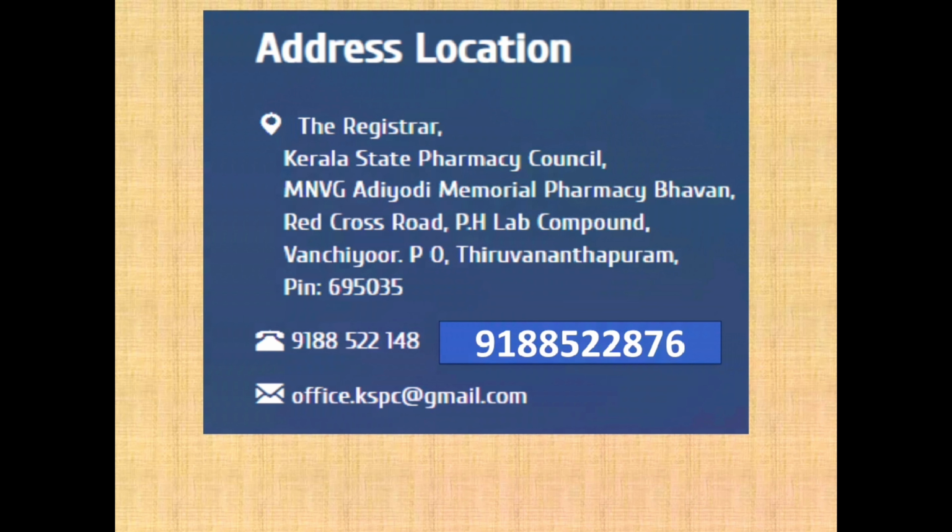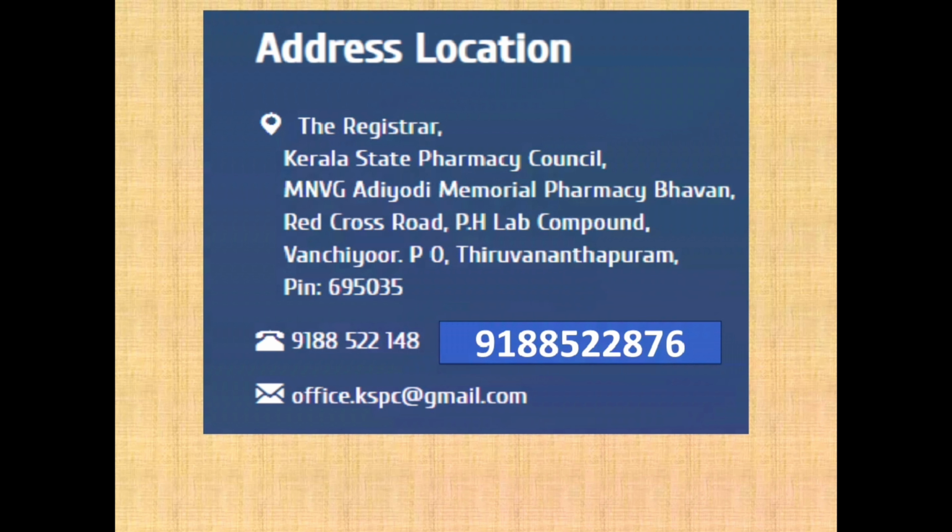I don't know, I found this one from some other sources. So this number you can use for the remaining purposes, anything related to the KSPC. This is the section for the good standing certificate procedure. So this contact number you can use. Okay. Then you can send through post.